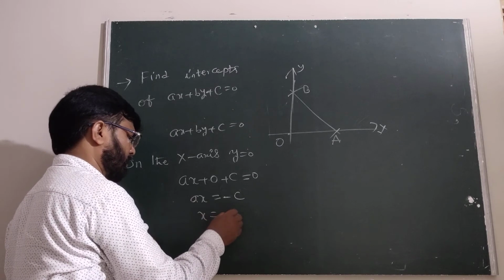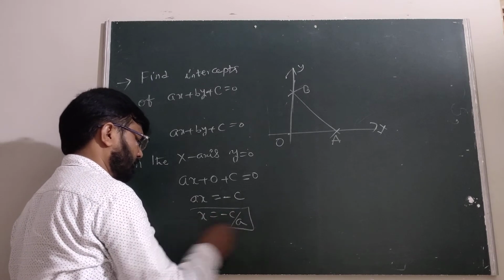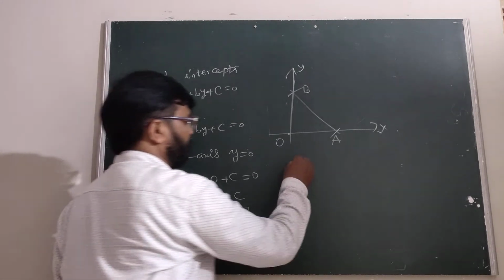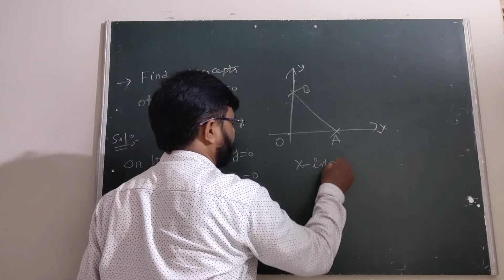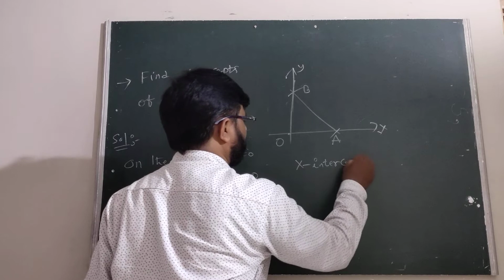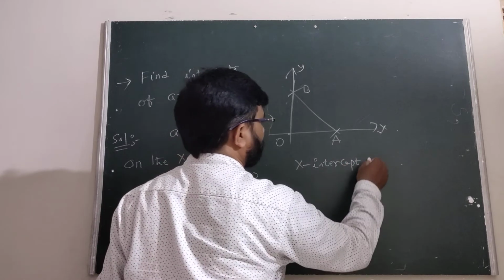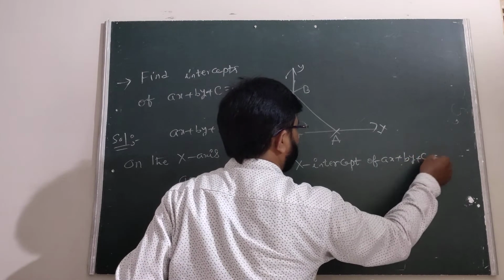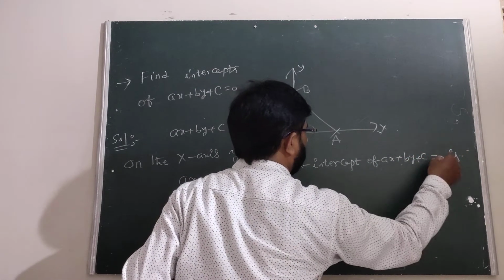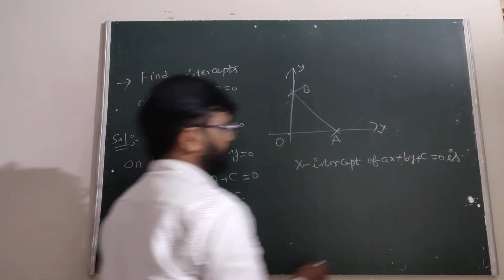X equal to minus c by a. Therefore, the x-intercept of ax plus by plus c equal to 0 is minus c by a.